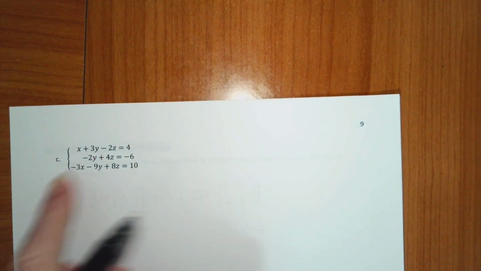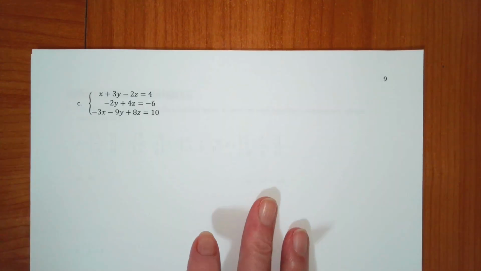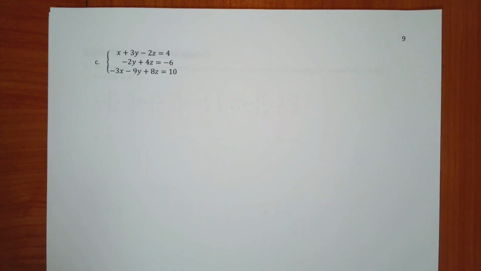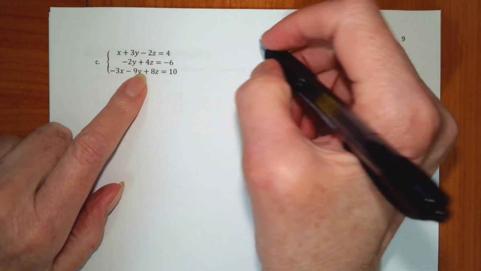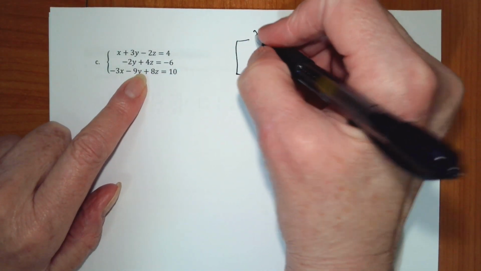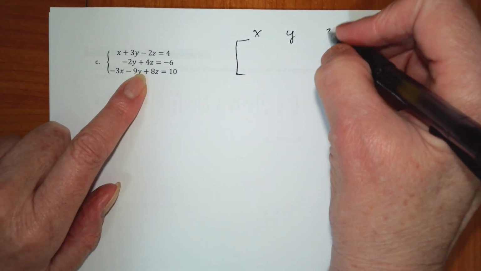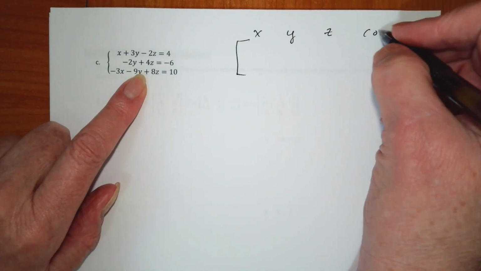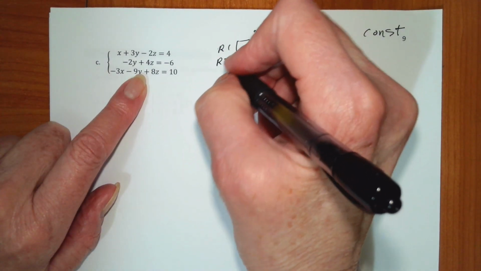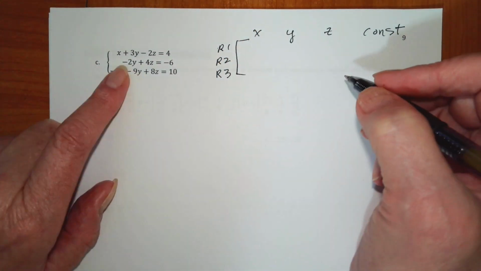All right, when I have a three variable, three equation system, it's basically the same thing. Now to save space, I'm going to write this as a matrix over here. So I have to have a column for x, for y, for z, and then a constant. And I have to have row 1, row 2, and row 3.